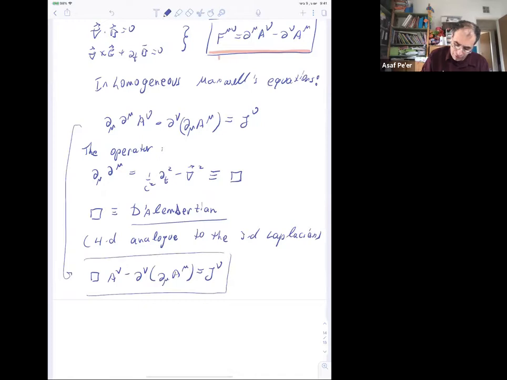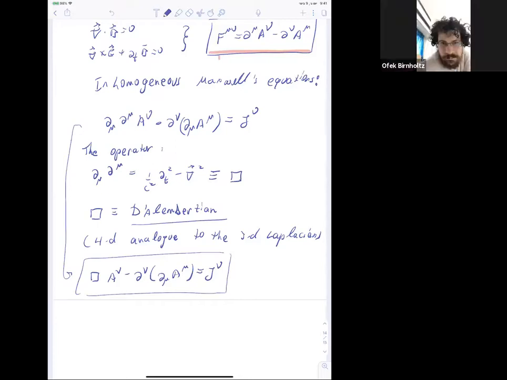Now I still need to get rid of this second term. How am I going to get rid of it? Any suggestion? Gauge it away.